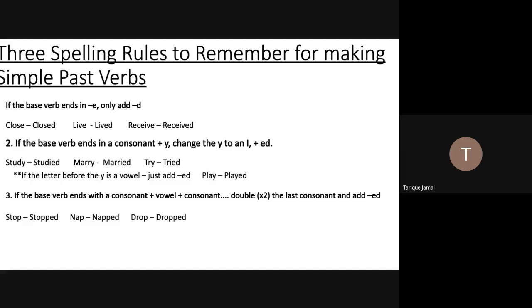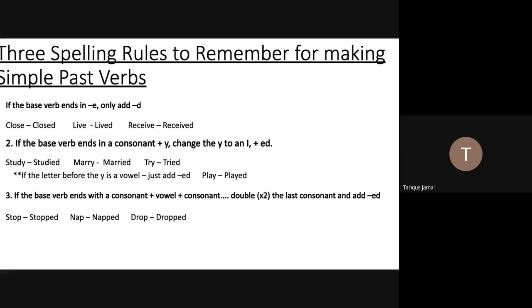So look at the example now: study, right? It ends in a consonant plus y. D is a consonant, and then we have y. So we are going to take y away. We're not going to use y anymore. We will change y to IED.